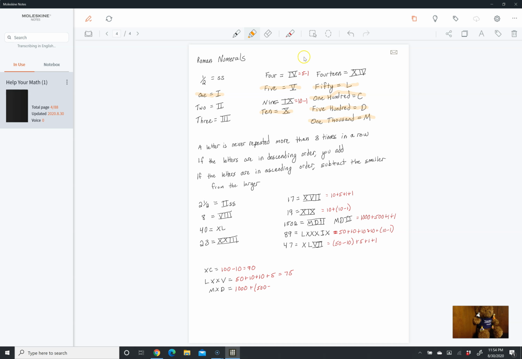I didn't mean for this to be an X. I meant for this to be a C. So I'm going to change it to a C, just so that we're dealing with typical numbers. So this is 500 minus 100, which is 1,000 plus 400 or 1,400.